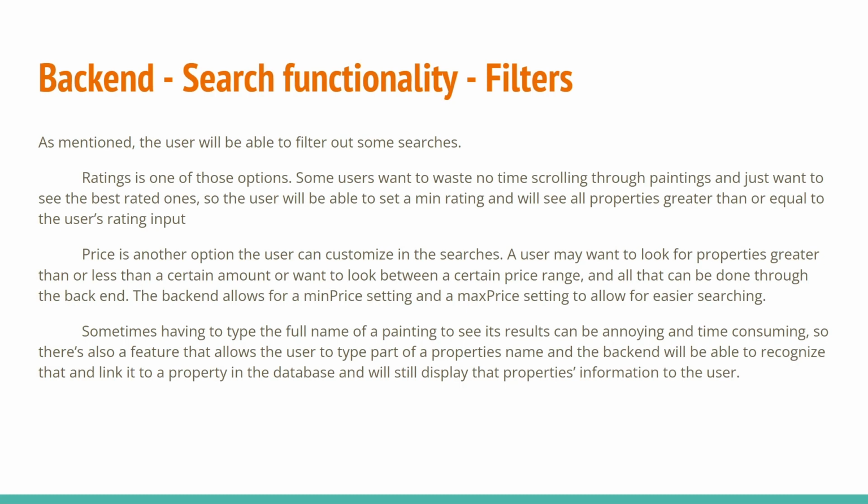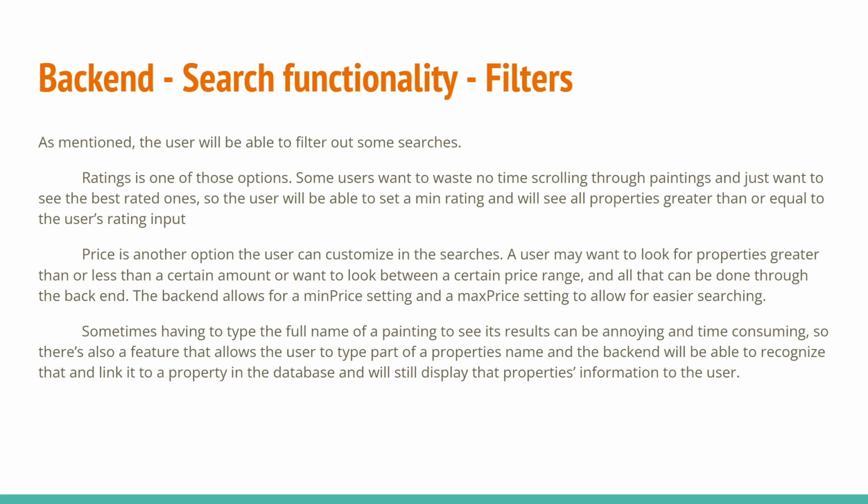So looking at the snippet over here, we see that when we're searching for painting, we send all paintings and we send the search filter parameter. The search filter parameter basically has the input from the search box, the min price, the max price, and the rating. Looking at the if statement below, if there's a search in the search filter, then we get the painting name that starts with the filter.